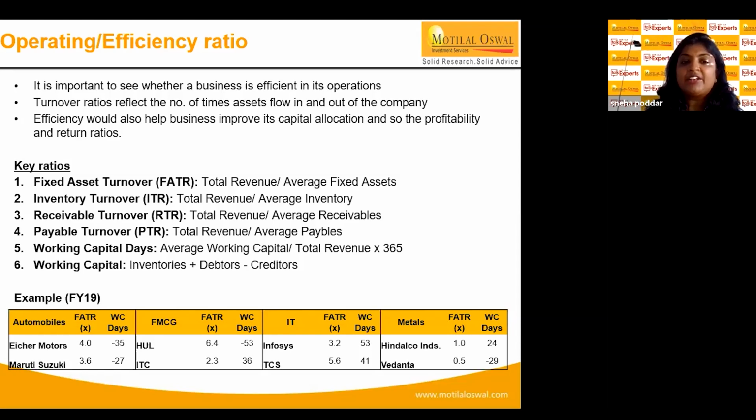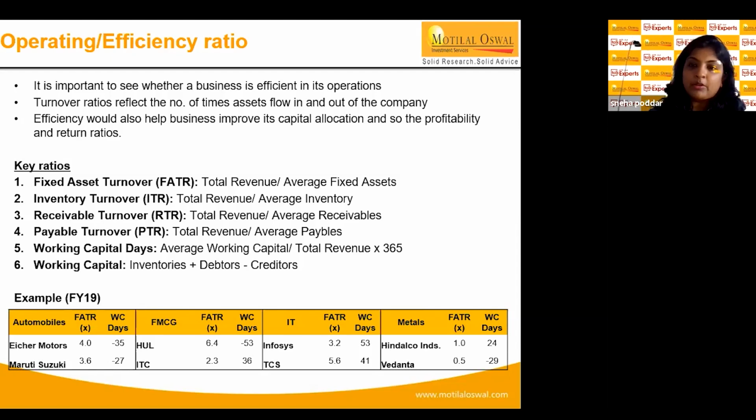Similarly, we have the inventory, receivable and payable turnovers, which tell you, for example with inventory turnover, how quickly the company is able to generate revenue from the inventory that it holds. But the retail investor can avoid looking at the inventory, receivable and payable turnover. They can directly look at the overall working capital turnover, which would be total revenue by overall working capital.